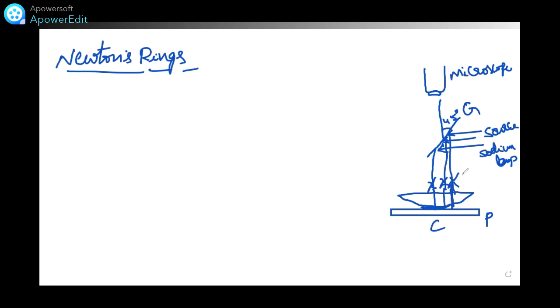These two reflected rays interfere and give rise to an interference pattern in the form of circular rings. These rings are localized in the air film and can be seen with a microscope focused on the film.